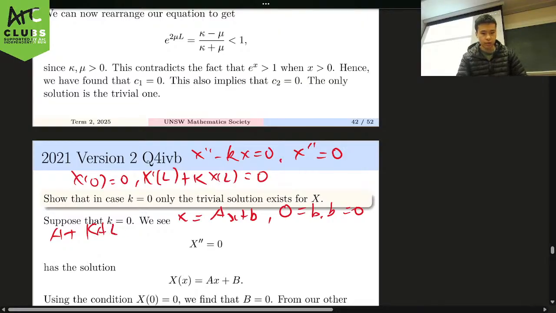So a times L is equal to 0. Factorize in a, so a times 1 plus kL. Once again, we have to use contradiction here. Let's assume again that a isn't 0. Well then 1 plus kL must equal 0. Well then kL must be equal to negative 1.